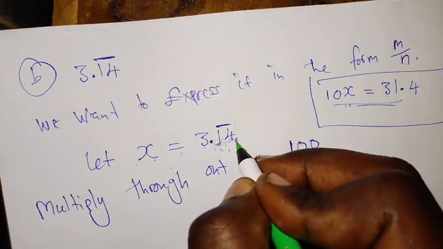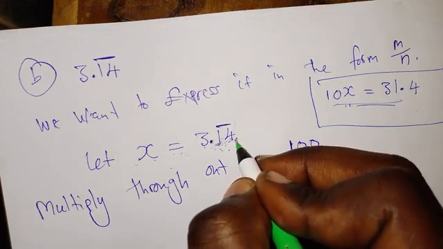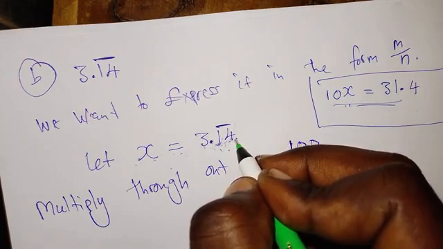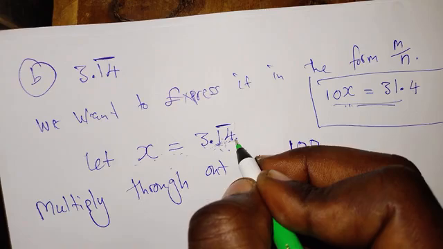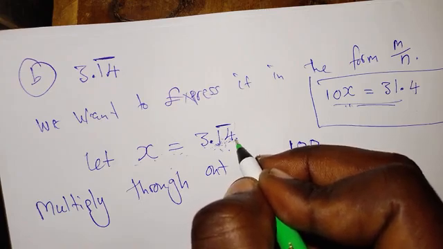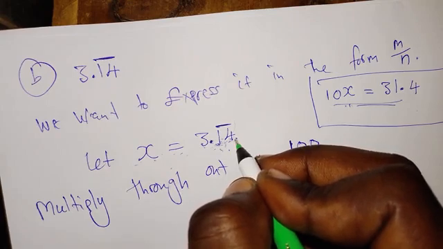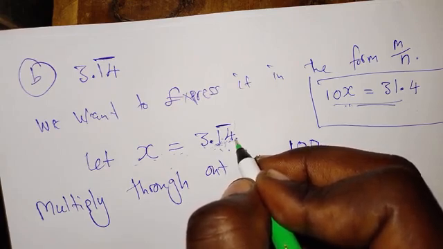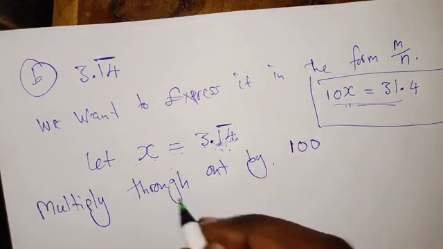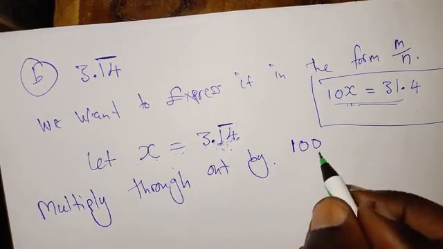So our main aim is for us to have the same repeating decimals in these two expressions. The two expressions should have the same repeating decimals. So no wonder I'm going to multiply throughout by 100.